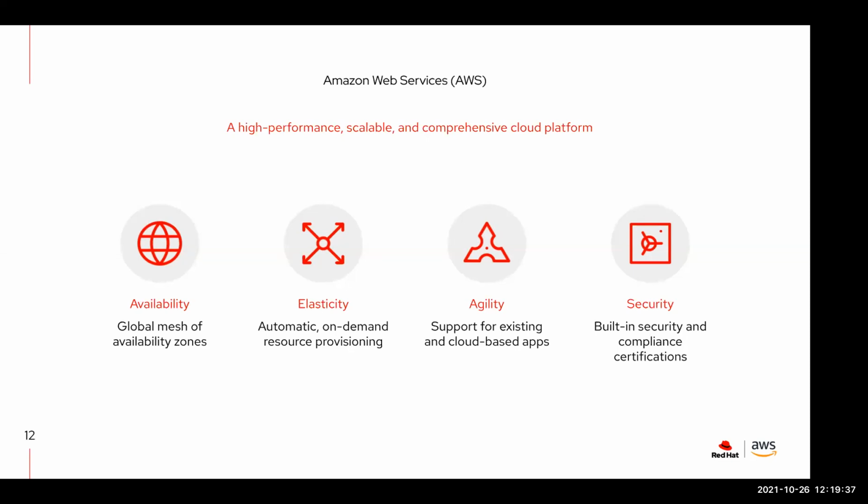And then security: there are built-in security features and more than 50 different compliance certifications and accreditations that allow you to protect your applications and environment. And so what OpenShift and AWS can provide together are all of the benefits of OpenShift, having this vendor-neutral, scalable platform running on the highest performing, scalable, and comprehensive cloud platform that's out there.